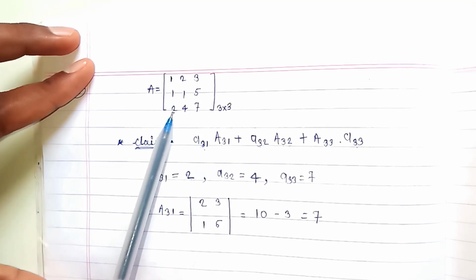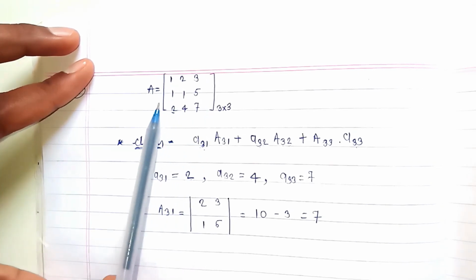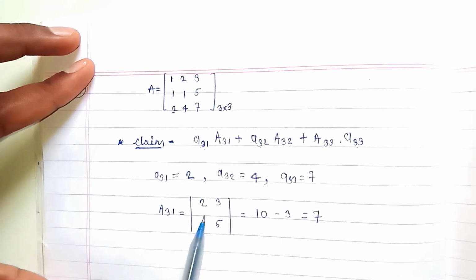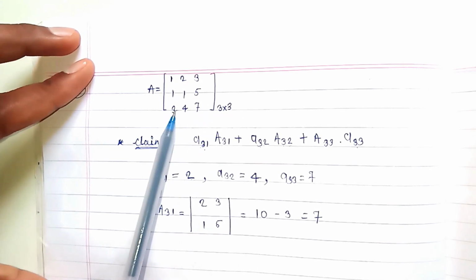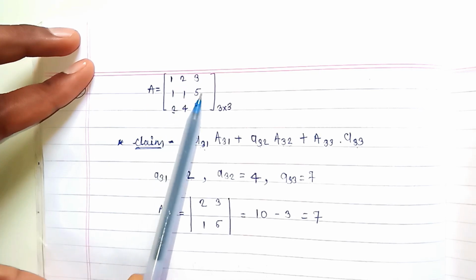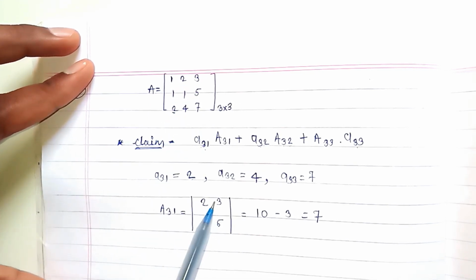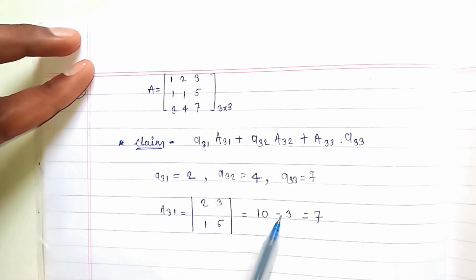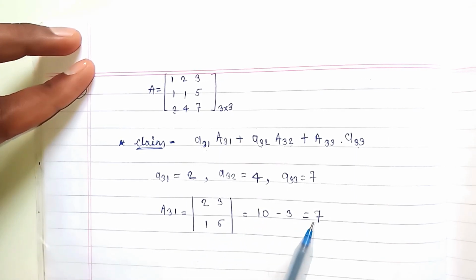We want the value of the minor with respect to element 2. Make the bracket here for A31 and take the leftover 2 by 2 matrix, which is 2, 5, 1, 3. That means 5 twos are 10 minus 3 ones are 3. So 10 minus 3 gives 7.